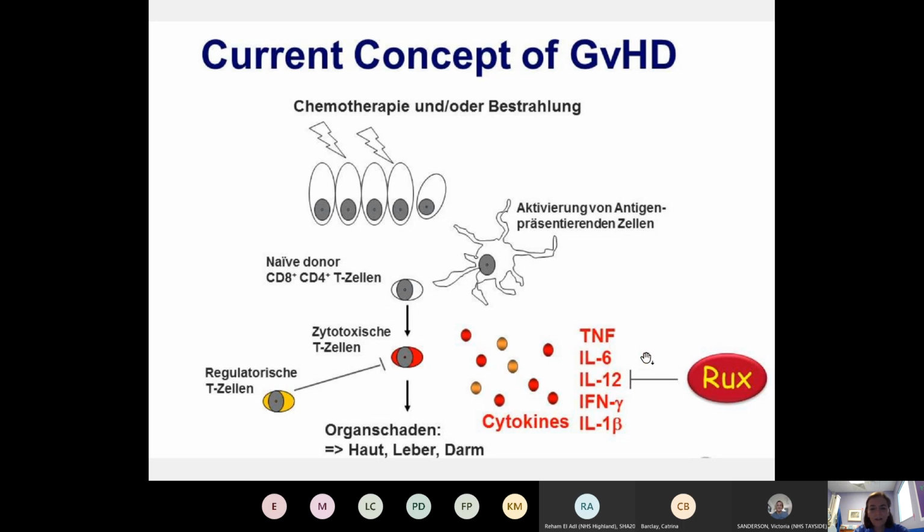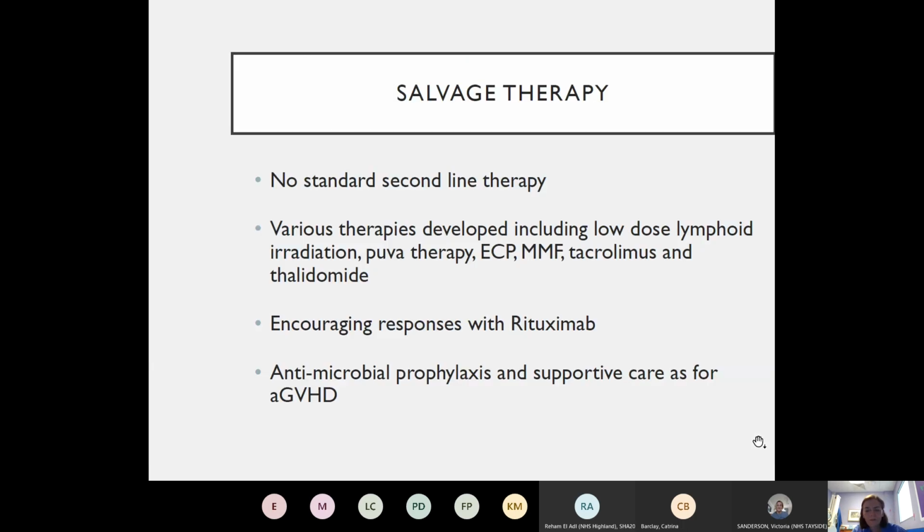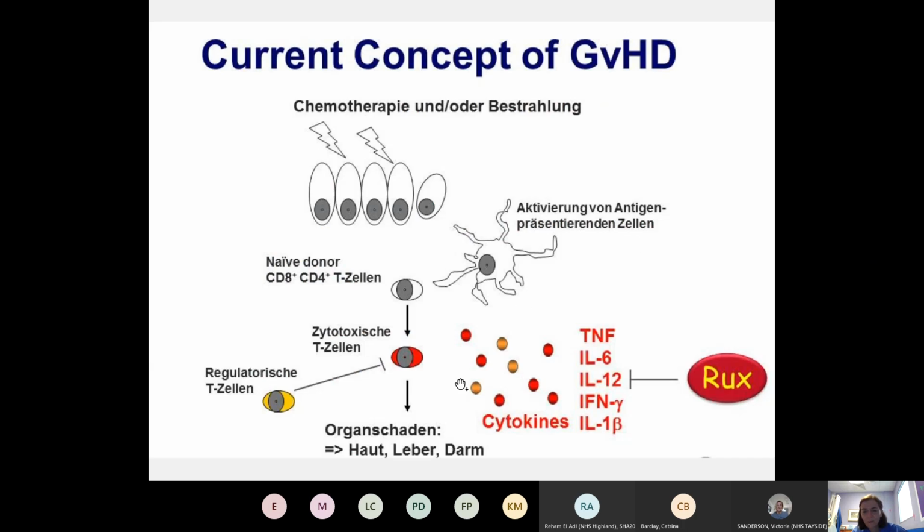And in comes, and this is your organ damage, so it damages your skin, your liver, and your gut. So ruxolitinib comes in and interrupts this pathway. But Rux, I think, allows your regulatory T cells to get in there and prevent the destruction by cytotoxic T lymphocytes.